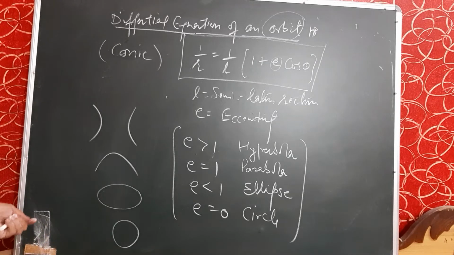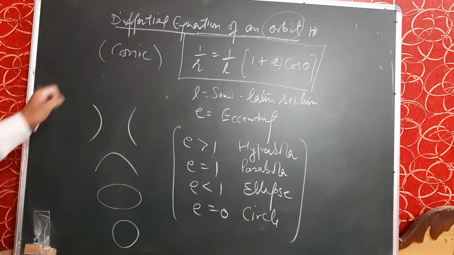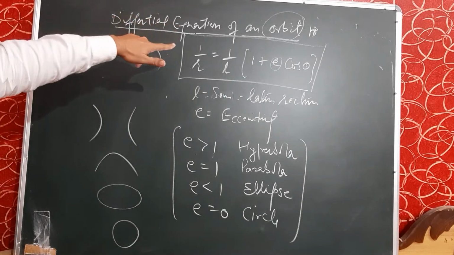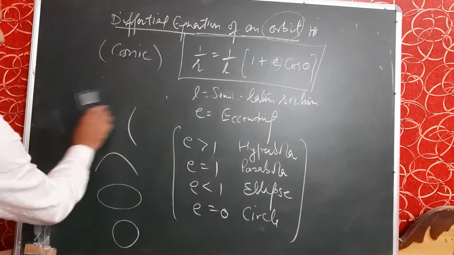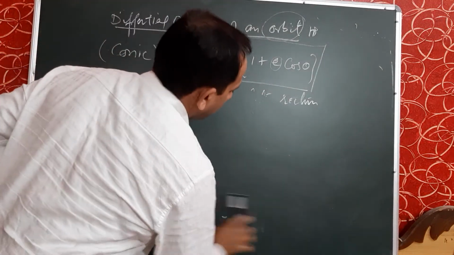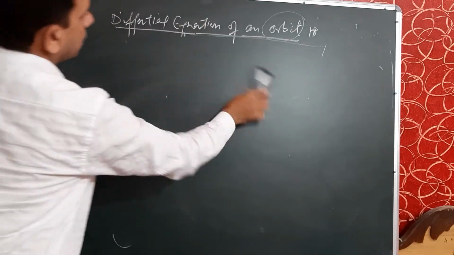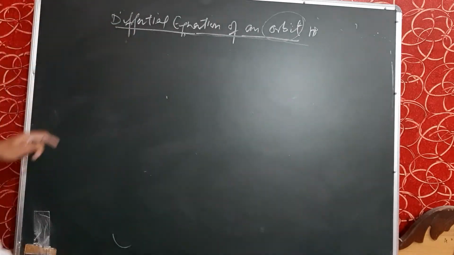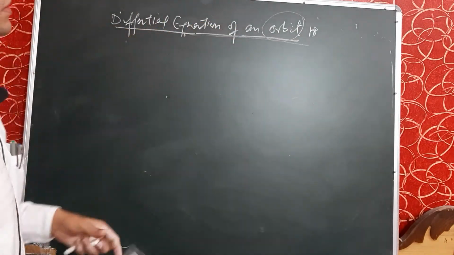So, first of all, we will derive the differential equation for an orbit, and then we will solve that equation to get these 4 answers and 4 paths. So, our article is differential equation of an orbit.